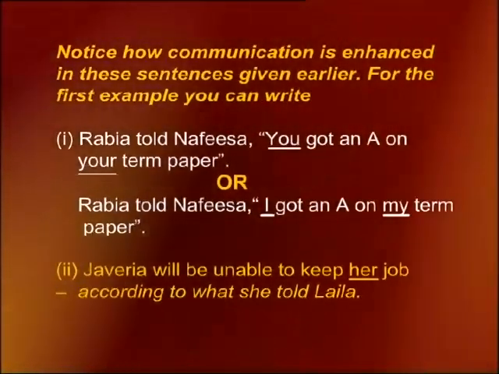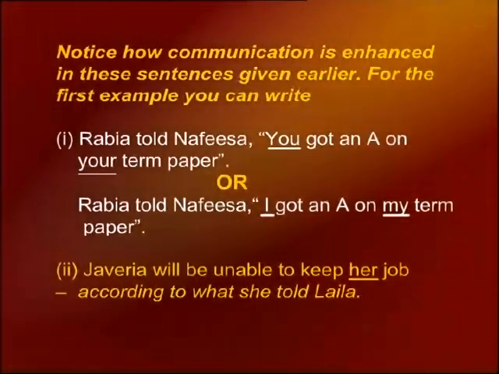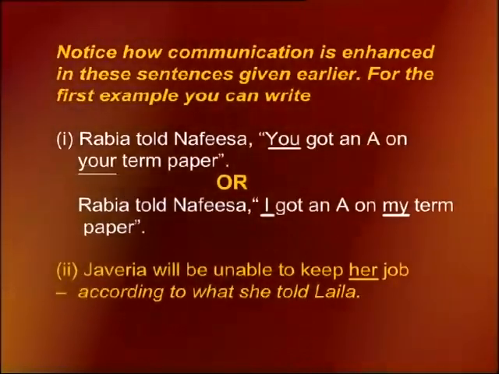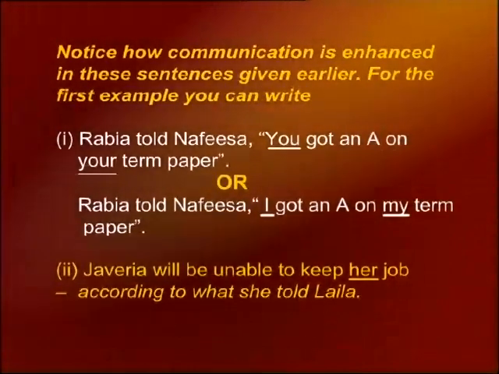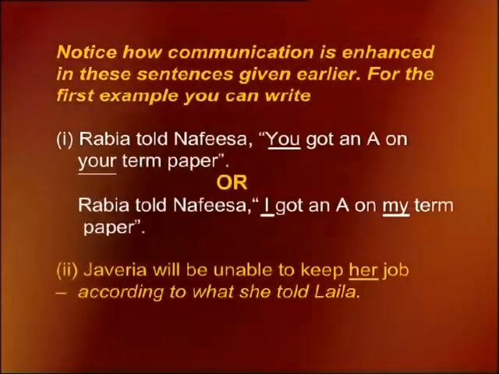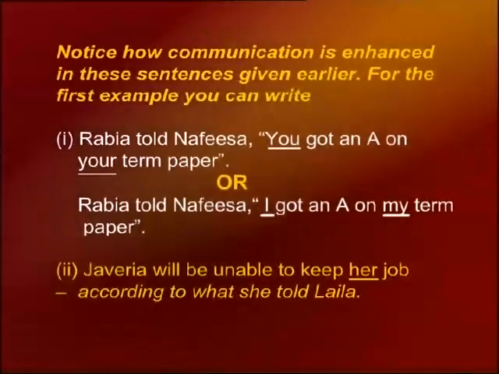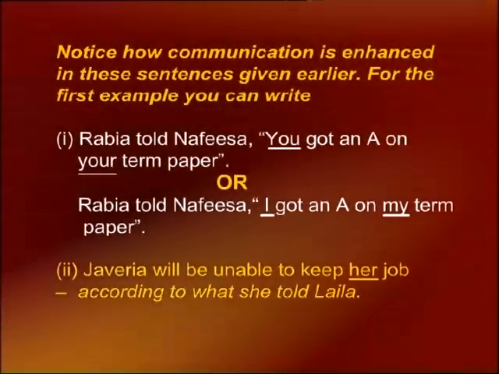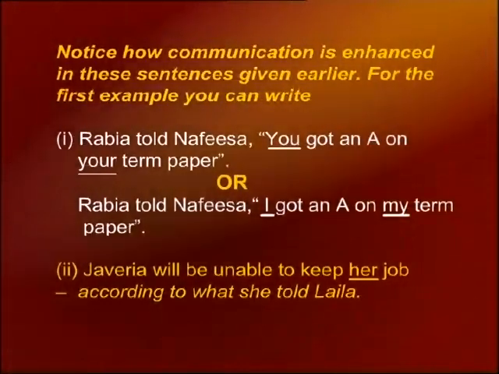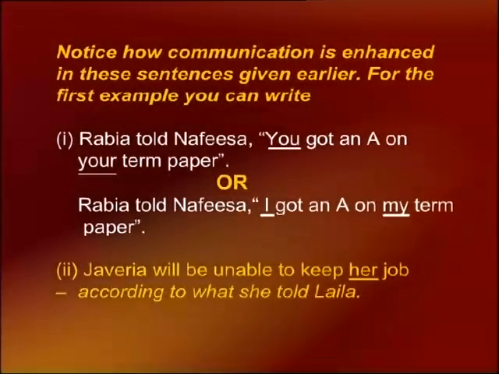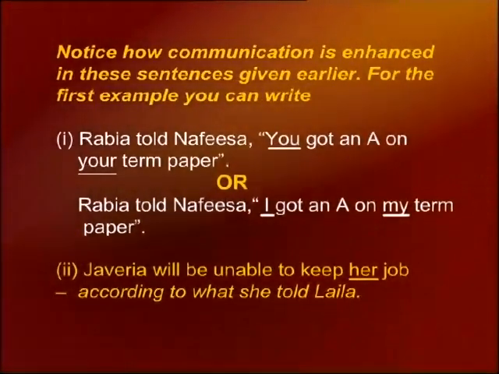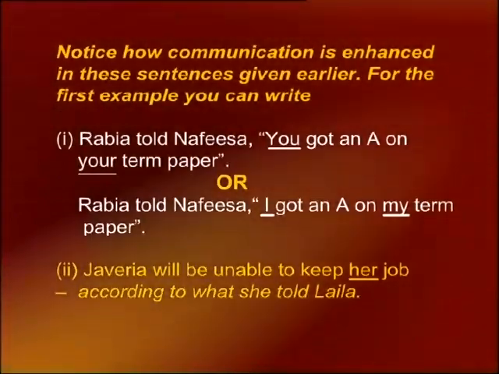Now for the first example you can write that sentence in 2 ways. First, you can write, Rabia told Nafisa, you got an A on your term paper. Clear? It is Rabia telling Nafisa, you got an A on your term paper. Or you can write this, that Rabia told Nafisa, I got an A on my term paper.